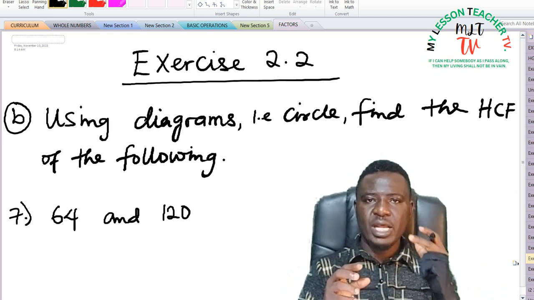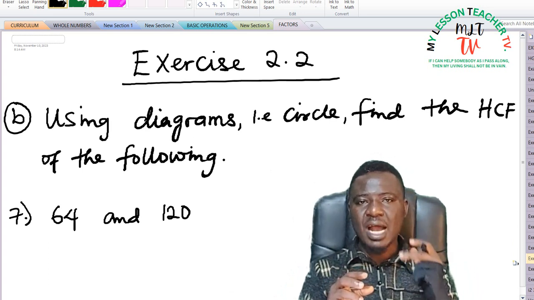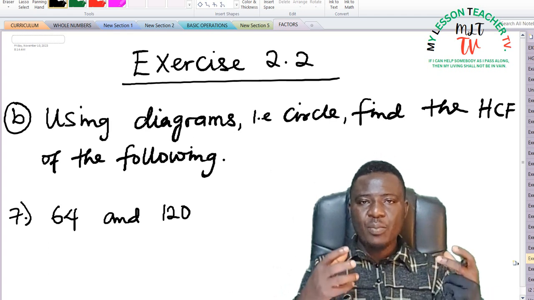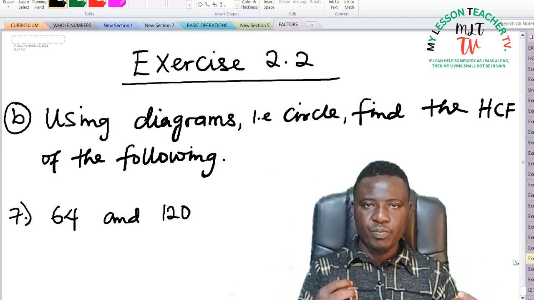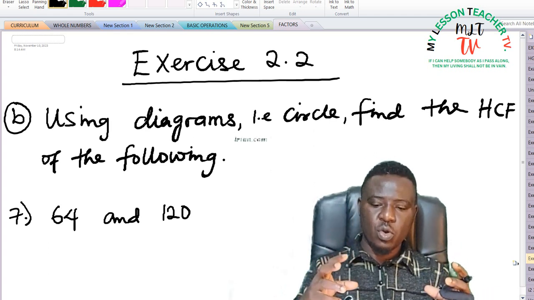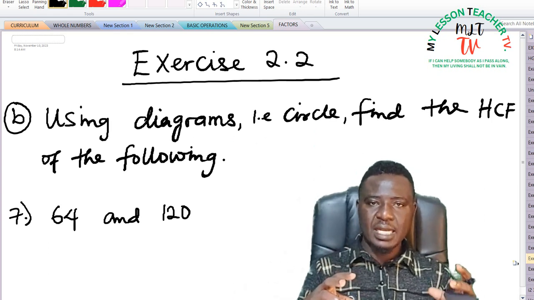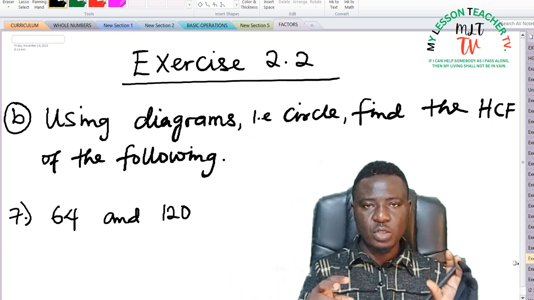Thereafter, we then circle out those that are common to both 64 and 120 so that we can represent them in a circle. We shall have two circles. One will contain the prime factors of 64 and the other will contain the prime factors of 120.